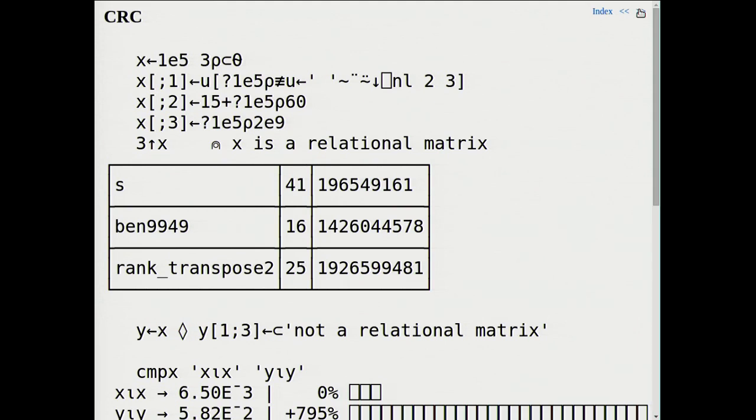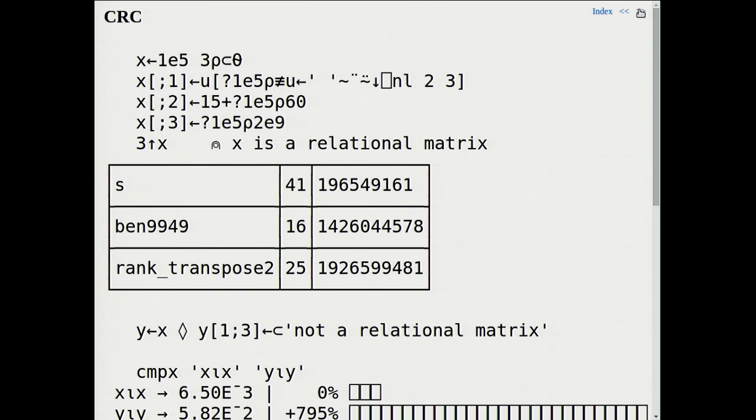So in this example, X is a relational matrix. So if you go down the columns, all the data types are the same. The lengths need not be the same. And so in column 2 it's small integers, and in column 3 it's integer scalars, and in column 1 they're character vectors.